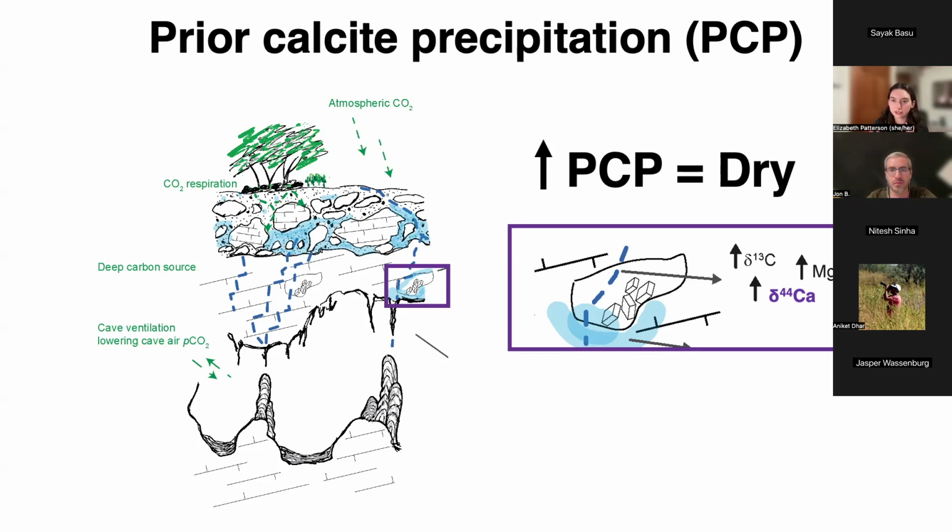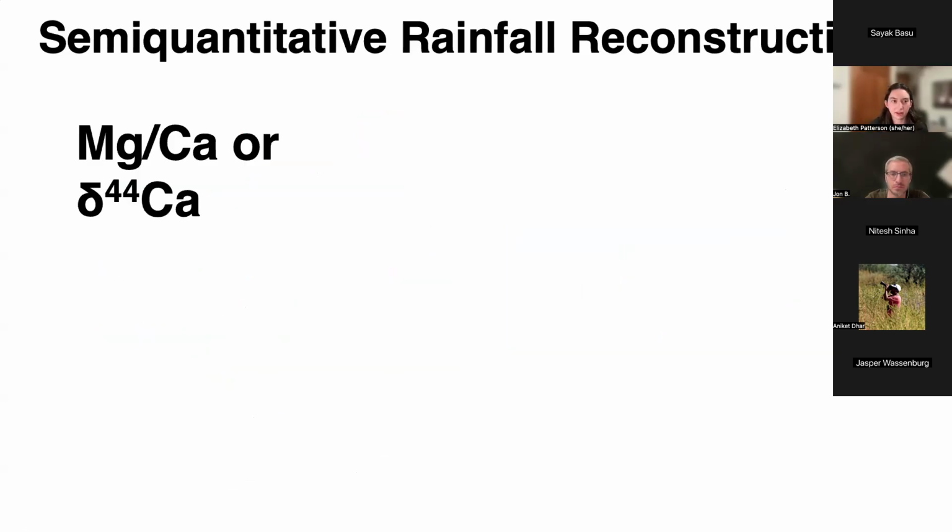So essentially, what's recorded in the stalagmite is a history of how much PCP has occurred, which is then related to how much rainfall is above your cave. So PCP is the heart of both methods, for calcium isotopes and magnesium calcium ratios.